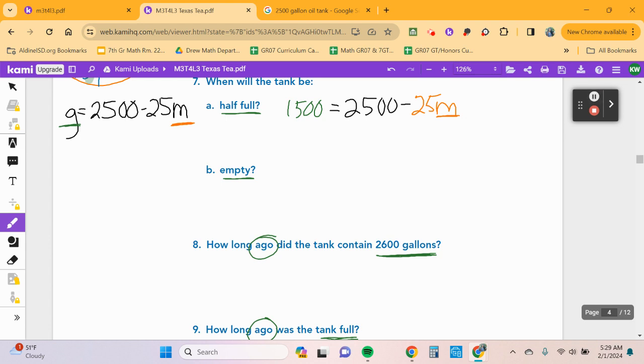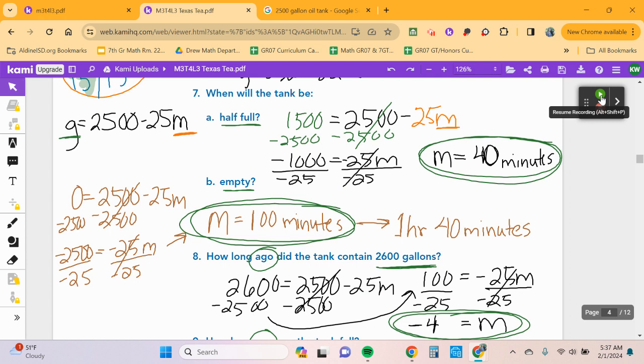Now that you had time to work, let's compare answers. Let's start with question 7A. So the tank was half full, and we already discussed this at 1,500 gallons. So that's what we substituted into our equation. And then notice I took it step by step again. We're solving a two-step equation here. So I subtracted 2,500 from both sides to move that number to one side and get my variable by itself on the other.